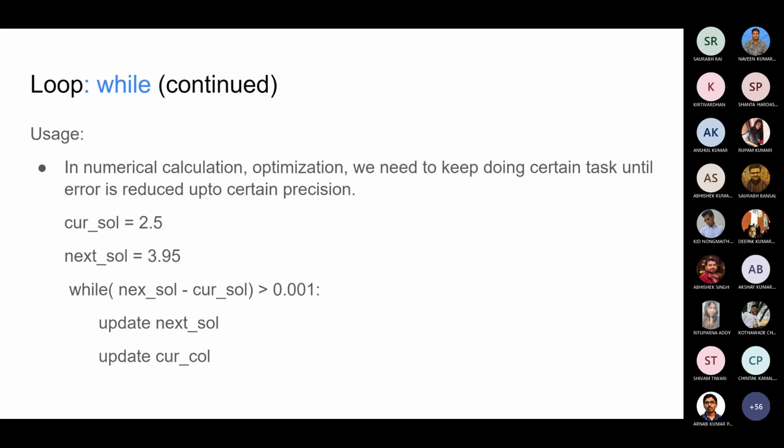We keep doing this until the difference between the two solutions reaches lesser than 0.001. So in optimization, mostly we do like that. We keep re-estimating the value until the error is reduced up to a certain precision.